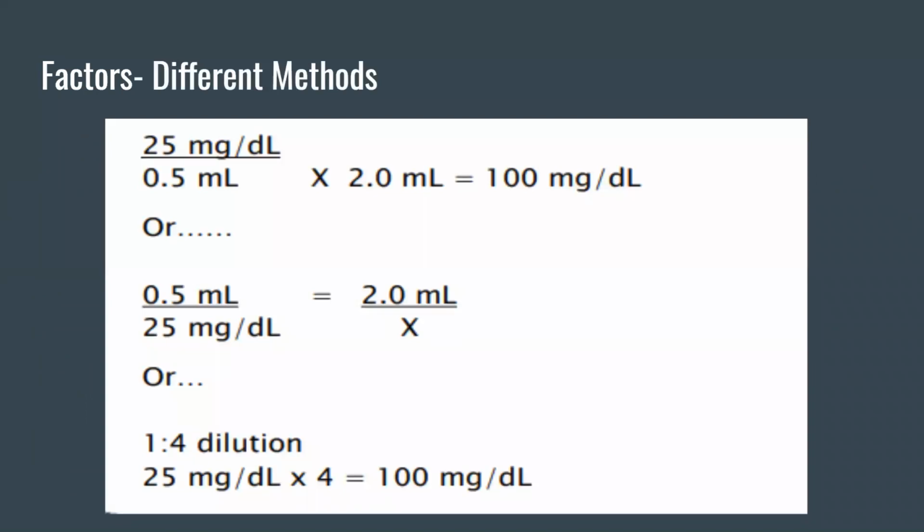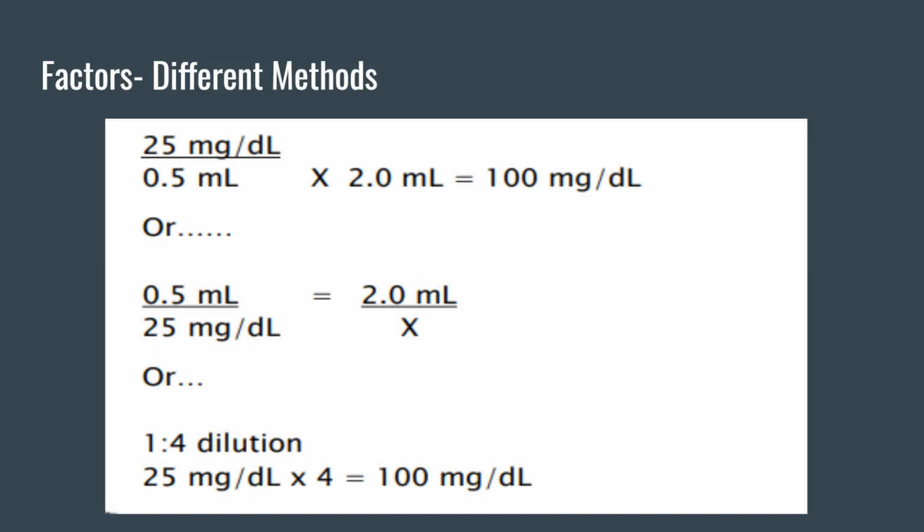So here, we know that our result was 25 milligrams per deciliter with 0.5 mLs of serum, and we would normally have 2.0 mLs of serum. X would be the result that we're looking for.